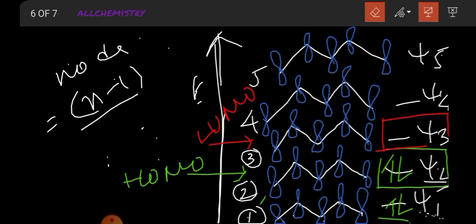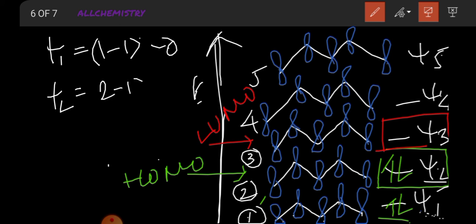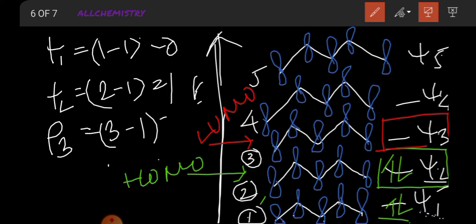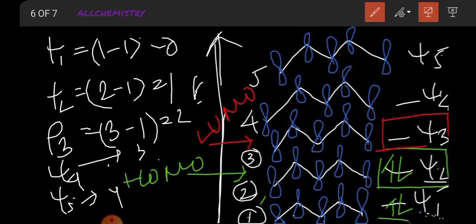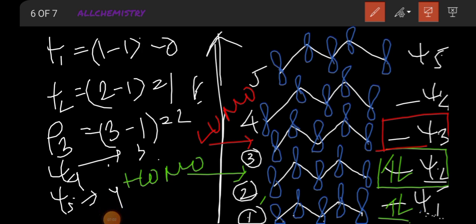So for psi 1 node will be 1 minus 1, means 0. For psi 2 node will be 2 minus 1, means 1. For psi 3 nodes will be 3 minus 1, means 2. For psi 4 it will be 3, and for psi 5 it will be 4. This is the calculation of node. Now whenever you have calculated the node, you have to fill the orbitals.